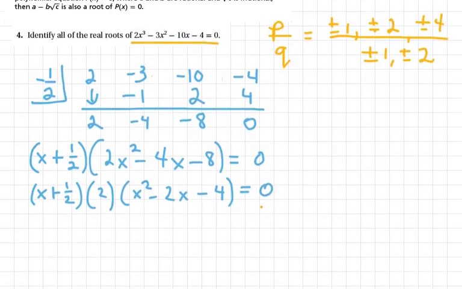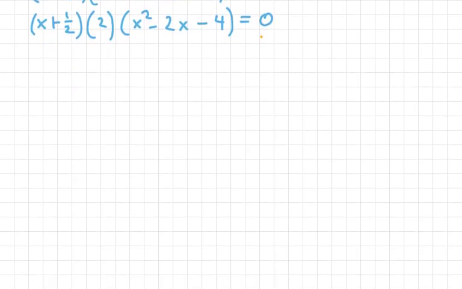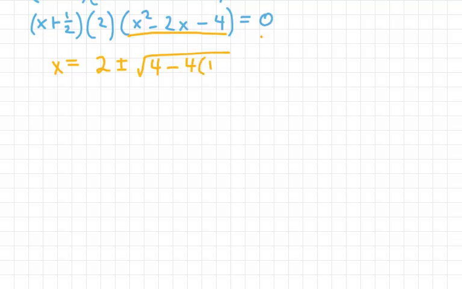So we're going to use the quadratic equation on this simpler quadratic here. And we get x equals -b, which is, in this case, 2. -b would be -2, plus or minus square root of b squared, that's 4, minus 4 times a times c, all over 2a, that's 2.